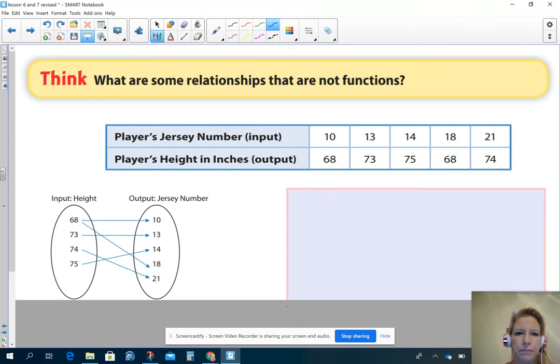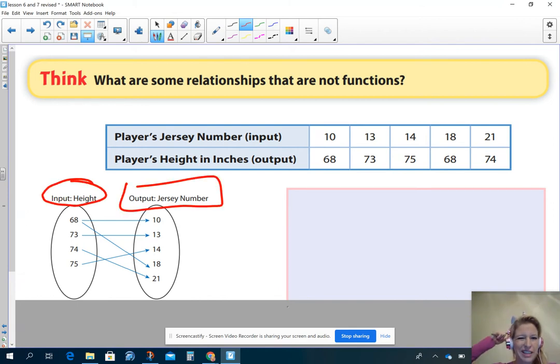Okay, so what happens if we flip it? What happens if the height becomes my input and the jersey number is the output? Look what happens. So let's look at our rule again. It's got to have 1 output for each input. So output, input, output, input, output, input, output, input.